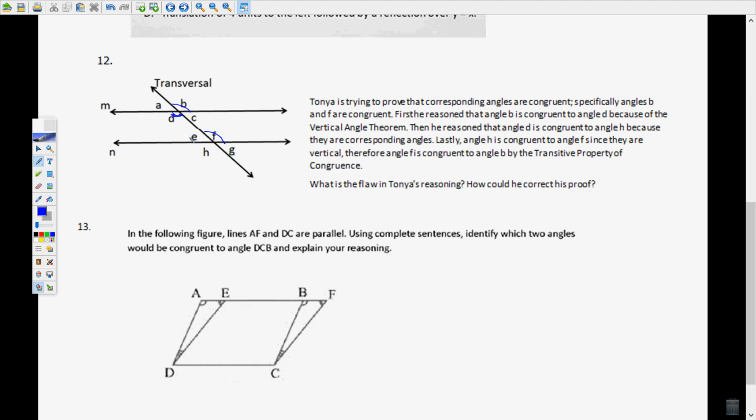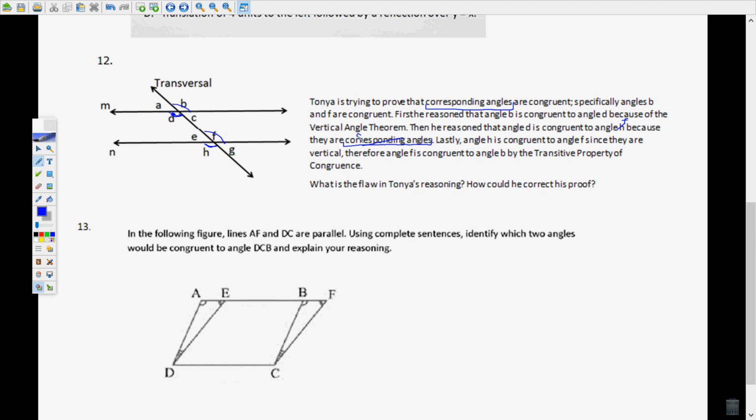That's good. Then he reasoned that angle D is congruent to angle H because of corresponding angles. That is where he messes up. When you are trying to prove corresponding angles, you cannot use corresponding angles in your proof. What he should have said was that angle D is congruent to angle F because alternate interior angles are congruent.